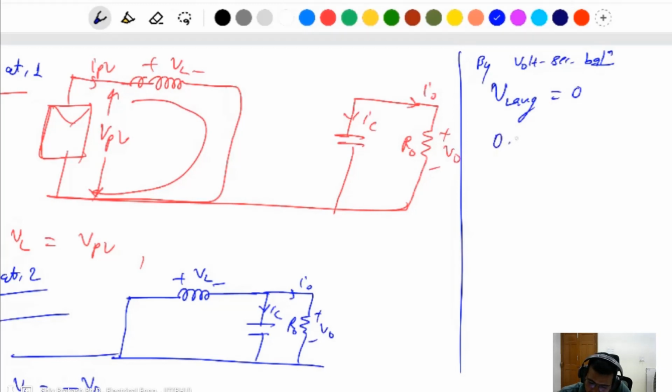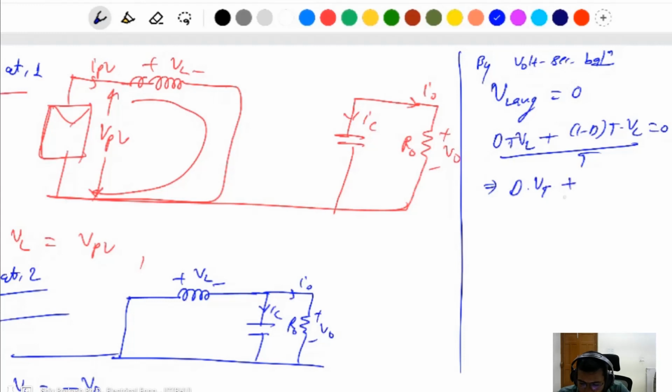So D into VL dt, plus (1 minus D) T into VL, divided by T, is equal to 0. The T cancels out. VL is VPV when the switch is on, at position 1, and at position 2 this will be minus V naught. Calculating this, you get V naught equal to D VPV divided by (1 minus D).